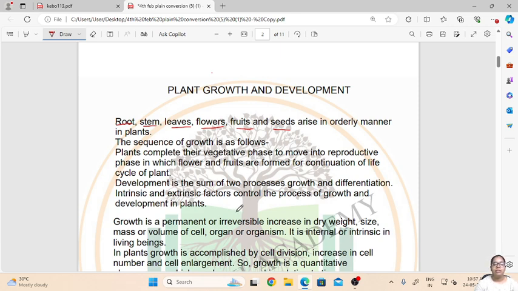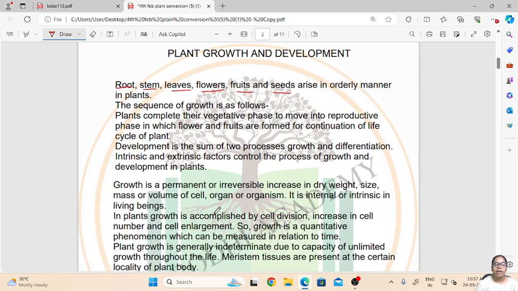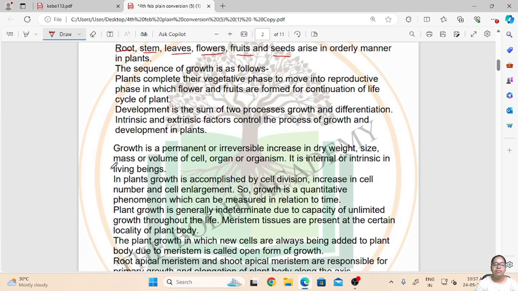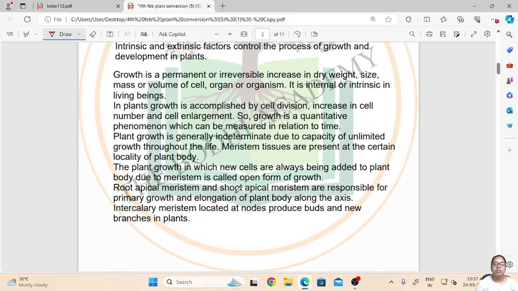So growth is permanent or irreversible, increasing in dry weight, size, mass or volume of cell, organs or organism. It is intrinsic and extrinsic in living beings. So in plants, growth is accomplished by cell division, increase in cell number and cell enlargement. In plants there is continuous division of cells.